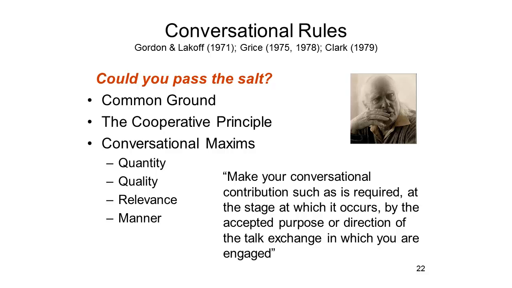If the speaker and listener are not on common ground, they will not understand each other, and their interactions will not go very far. In order to achieve this mutual understanding, people have to manage their conversations, according to what the linguist Paul Grice has called the cooperative principle. Make your conversational contribution such as is required at the stage at which it occurs by the accepted purpose or direction of the talk exchange in which you are engaged.